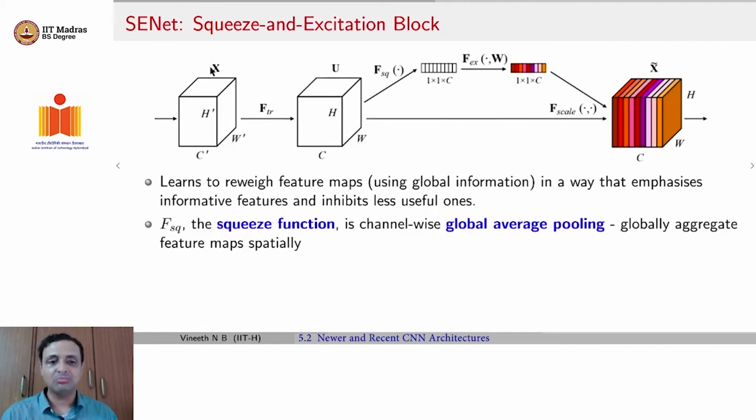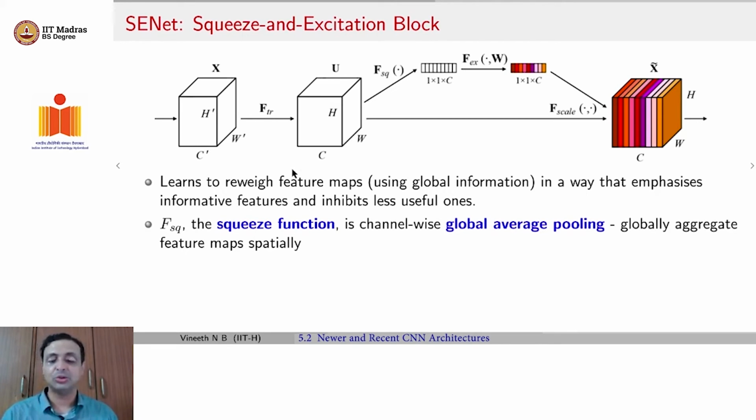So you have an X block. It could be an input to a convolutional layer. F transform, denoted by F sub TR, is a convolutional layer that probably took X to U with the dimensions H cross W cross C. So the output U is where the squeeze and excitation block is squeezed in.